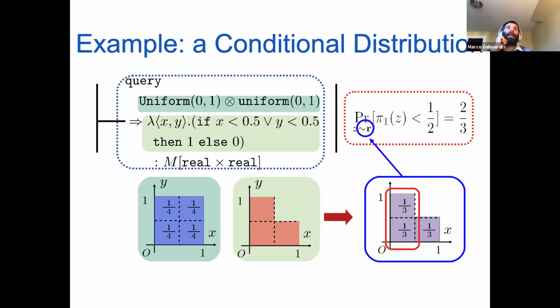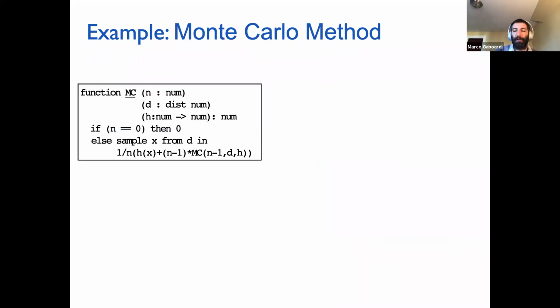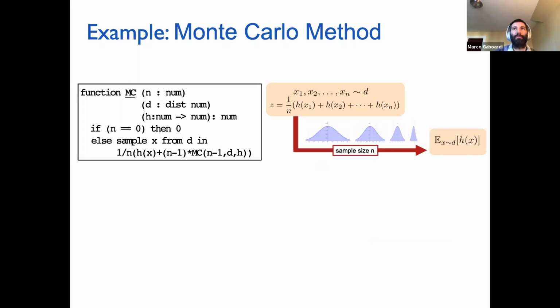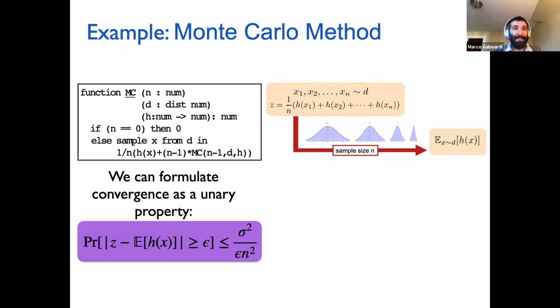Now we can reason about this kind of property in our type system, but more interestingly, we can reason about a property like the one I showed you before about Monte Carlo. Again, with Monte Carlo we want to estimate the expectation, and we are interested in a formula like the one I showed you before, which mainly expresses the convergence of the process.